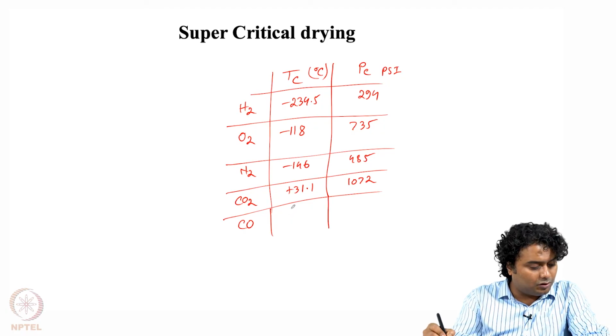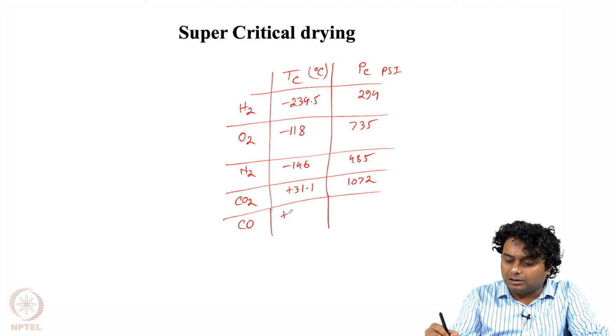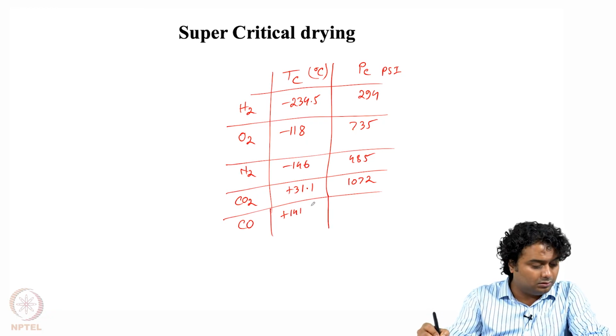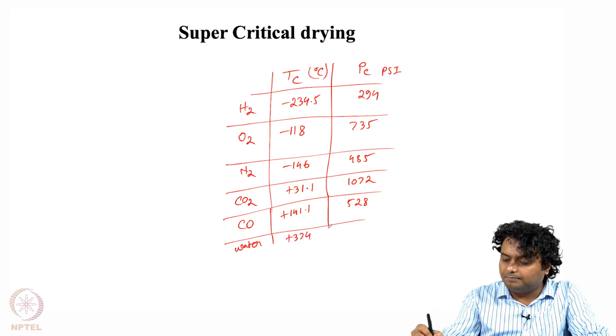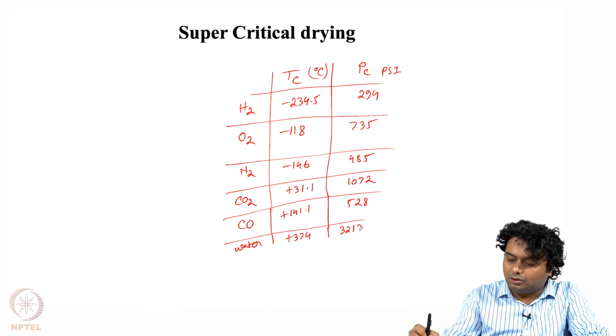Then we have carbon monoxide also, plus 141, 528, and water is plus 374 and 3212.